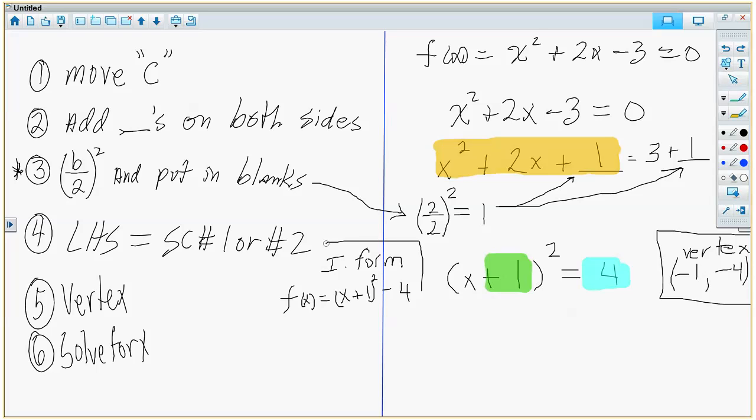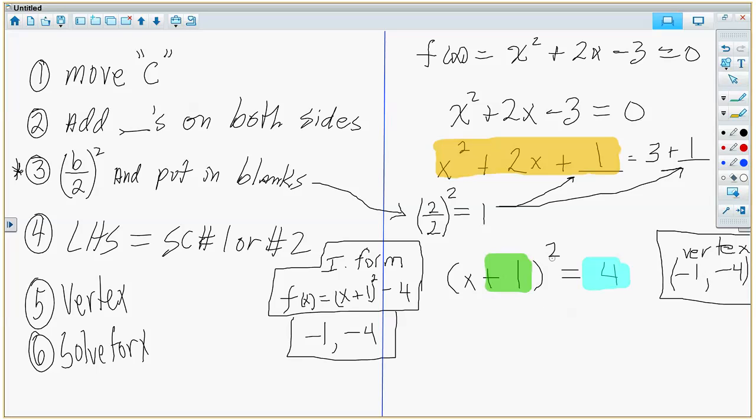Now, after they tell you to put it in intercept form, they're going to ask you for the vertex. When it's in this form, you take the opposite of the 1, and you just bring the negative 4 down. Do you get the same answer? Yes. But you've got to be able to distinguish what form it's in.